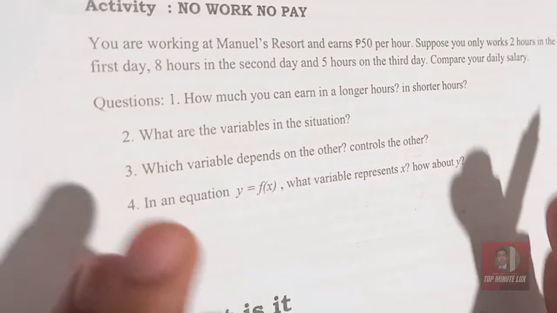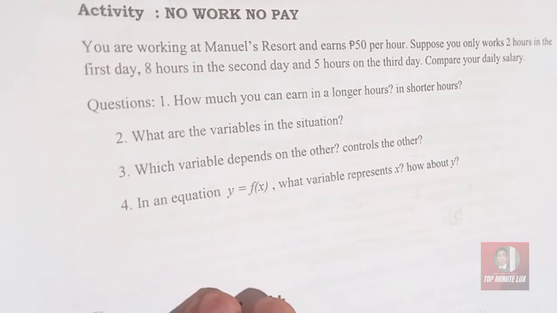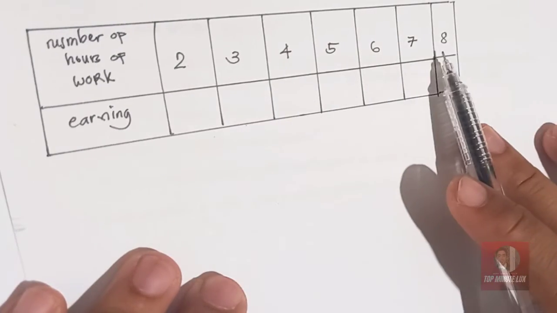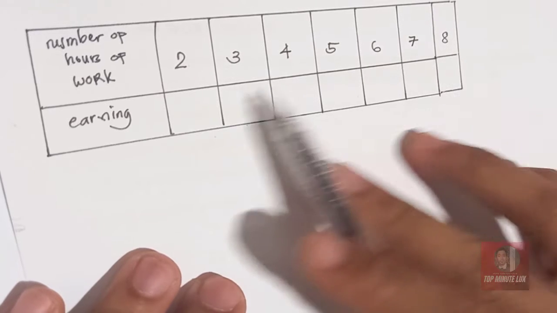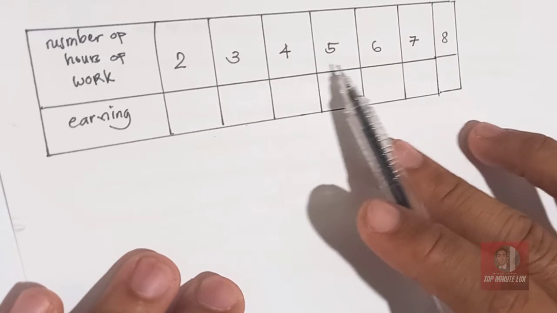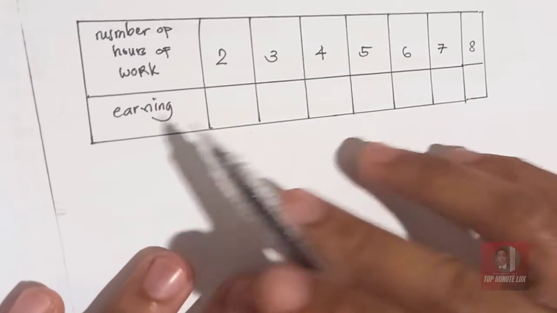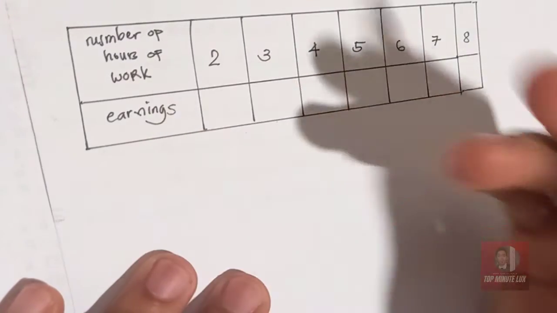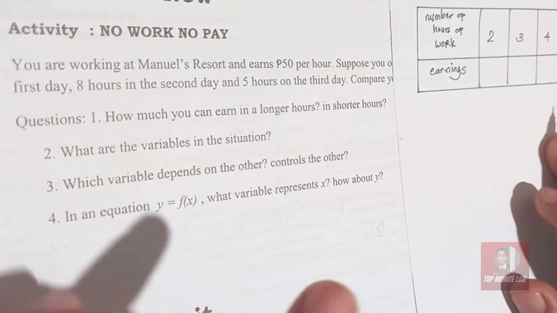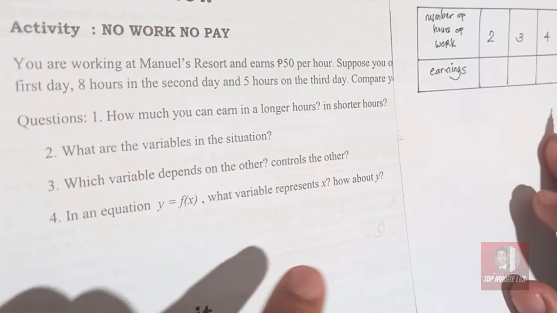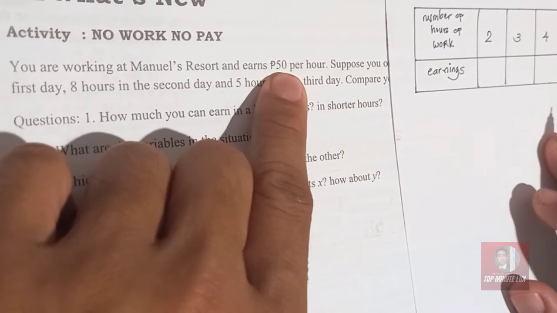In order to determine this, let us draw a table. The first row will be the number of hours of work: 1, 2, 3, 4, 5, 6, 7, 8. And your earnings. So, if you work for 1 hour, you will earn 50 pesos.